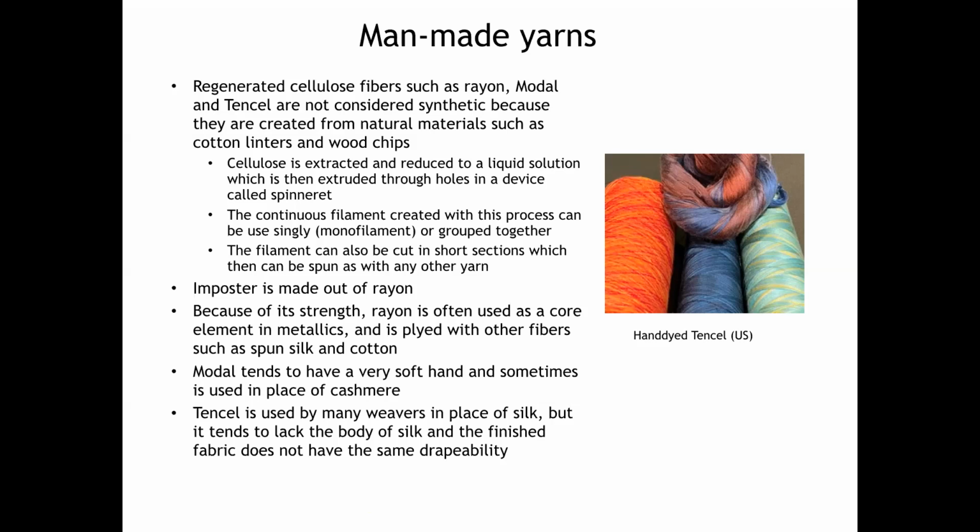And if you Google spinneret, you'll see some very interesting industrial machines. The process creates a continuous filament that can be used as a single monofilament or grouped together in plied yarn, as are the examples of Tencel. All these Tencel yarns that you see in the picture are plied yarns.